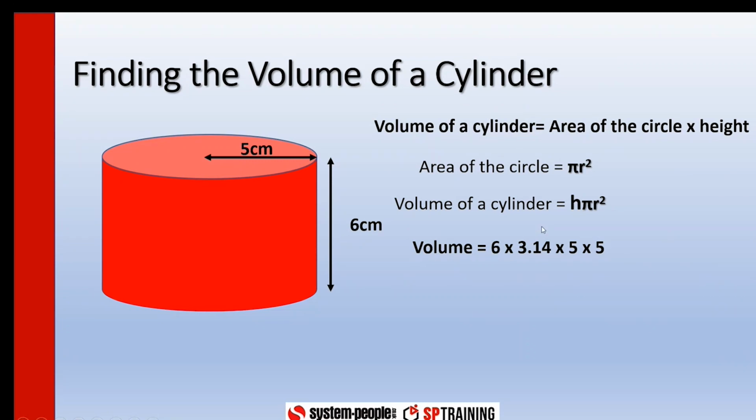And we put all the numbers together in the formula, 6 being the height, 3.14 being the value of pi, and 5 being the radius, which we're timesing by itself. So then we put all that into the calculator and we come up with 471 centimeters cubed. And again, it's cubed because there's 3 dimensions.